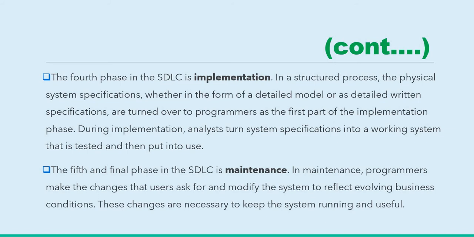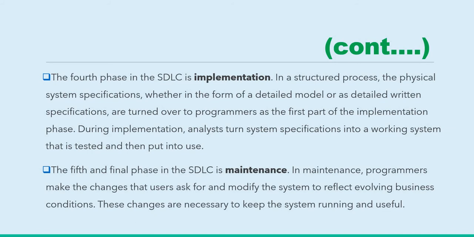During implementation, analysts turn system specifications into a working system that is tested and then put to use. Right? Once the physical design phase is completed, the analyst will turn this physical system specification into a working system. Once it has been finally tested, it will be put to use.